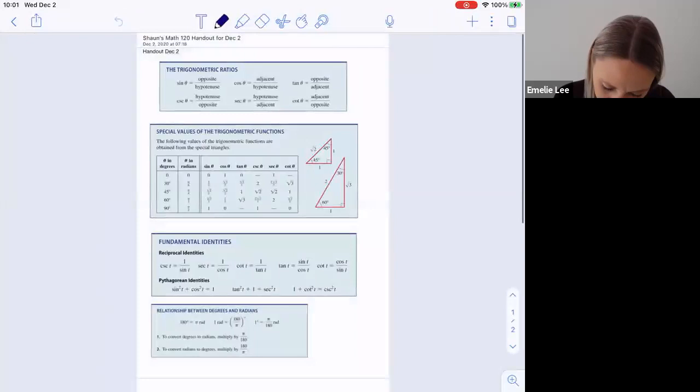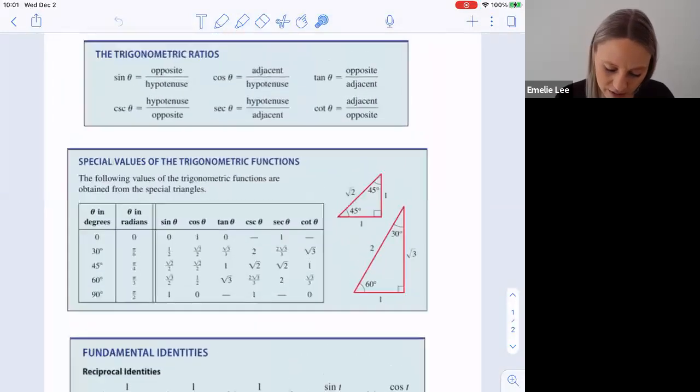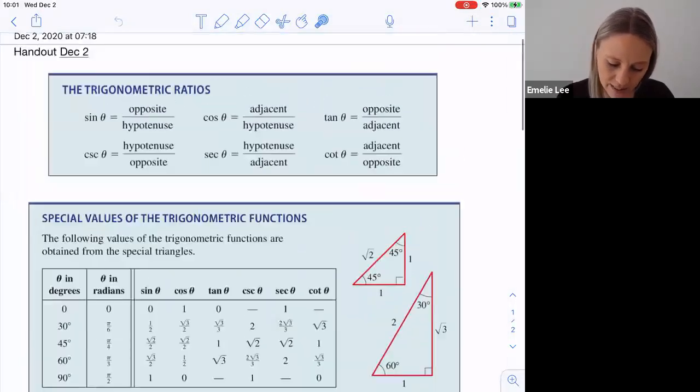I think I just put a little reminder of essentially SOHCAHTOA and a little bit more. We'll refer to this a little bit later, probably next day when we talk about the other trig functions, the 4 other trig functions that we'll work with. But for now, we're just focusing on sine and cosine.